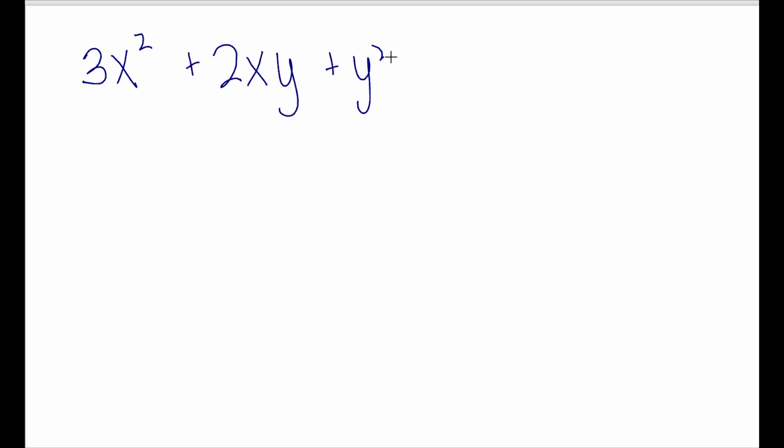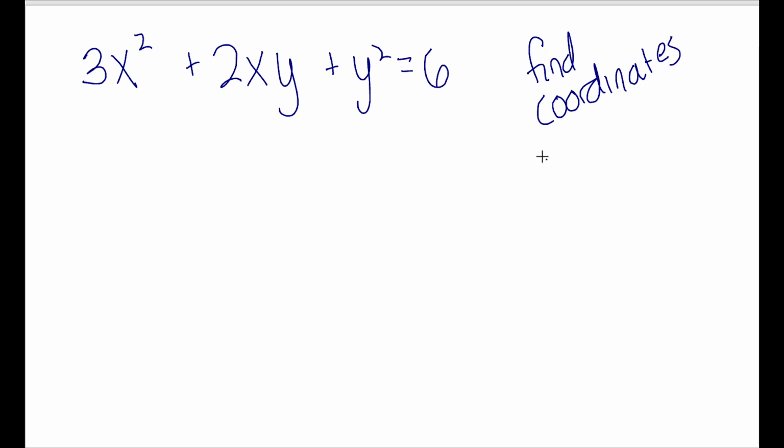Our next example gives this equation: 3x squared plus 2xy plus y squared equals 6. Find the coordinates of the stationary points.